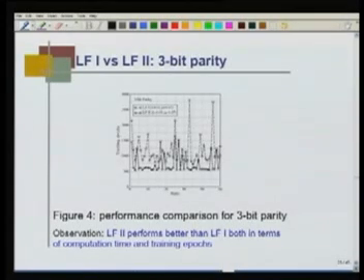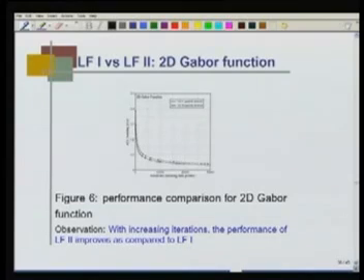Okay. So, this is a 2D Gabor function, and for this Gabor function, for LF1 and LF2, you can look at the RMS error against the training iterations.